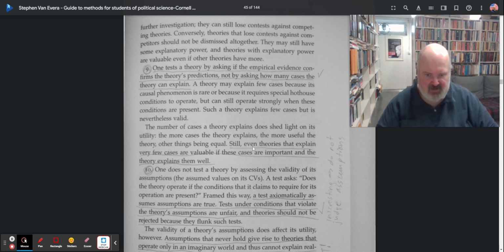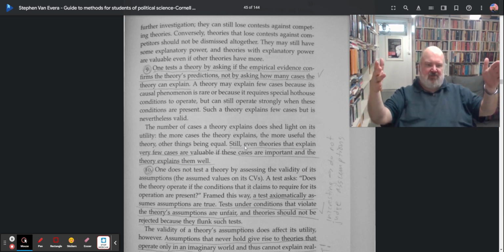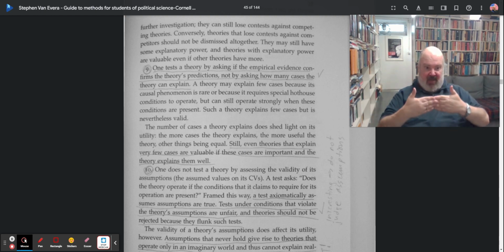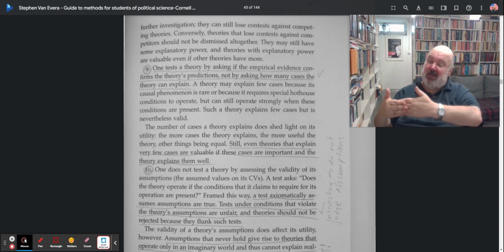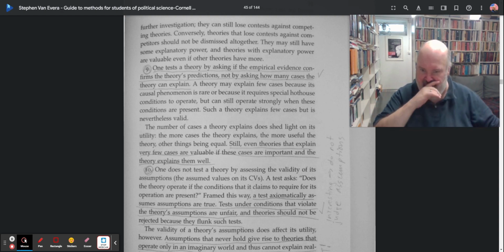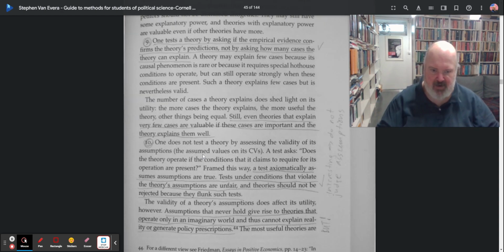Still, even theories that explain very few cases are valuable if these cases are important and the theory explains them well. It doesn't explain lots of cases, but this is very important. Number nine is a very important point here.